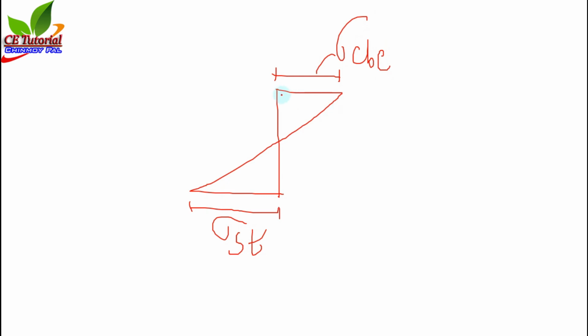You can see it is gradually increasing from this position: this is the second position, the third, the fourth, and the final fifth position. There is a limitation of sigma CBC and a limitation of sigma ST, and when the line touches both simultaneously, we call it a balanced section.